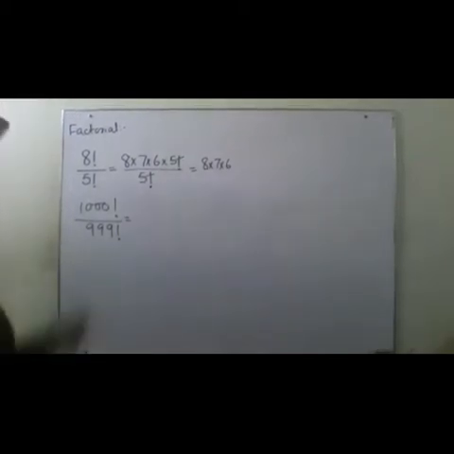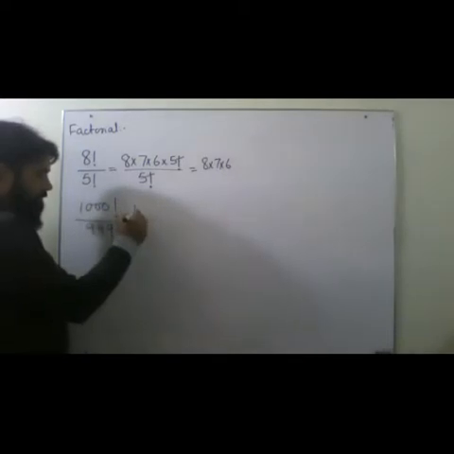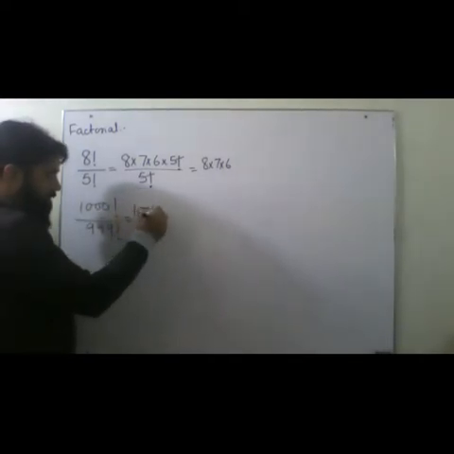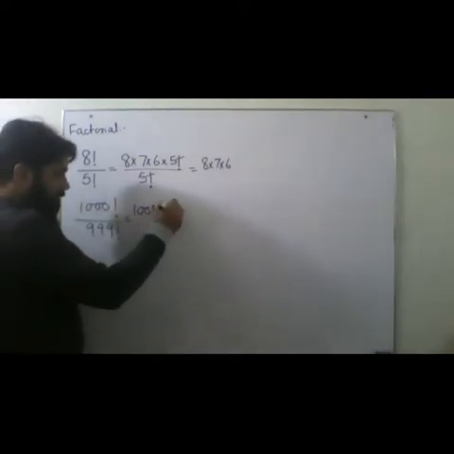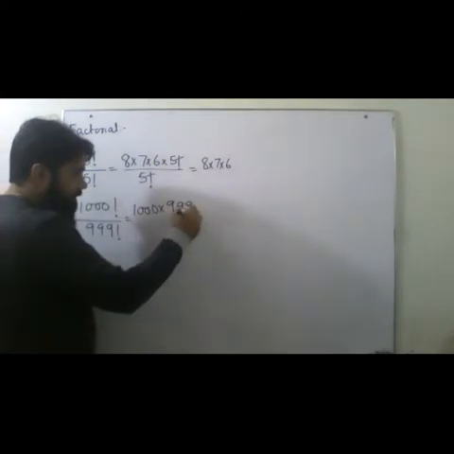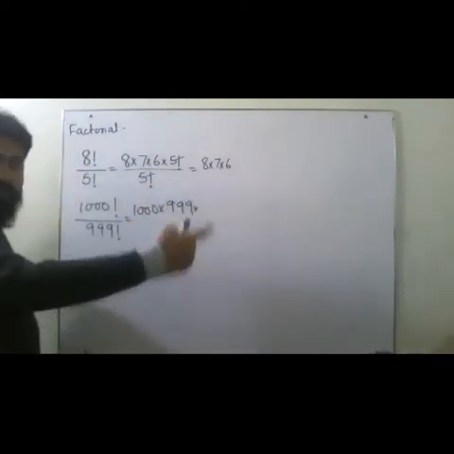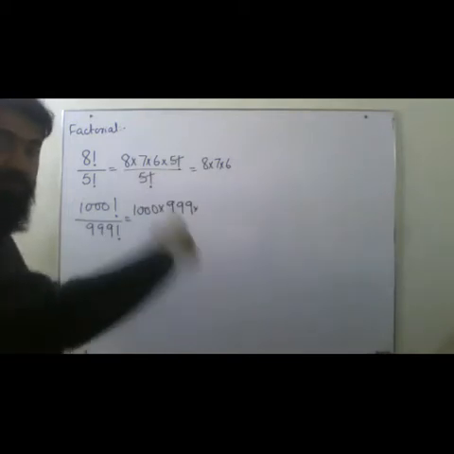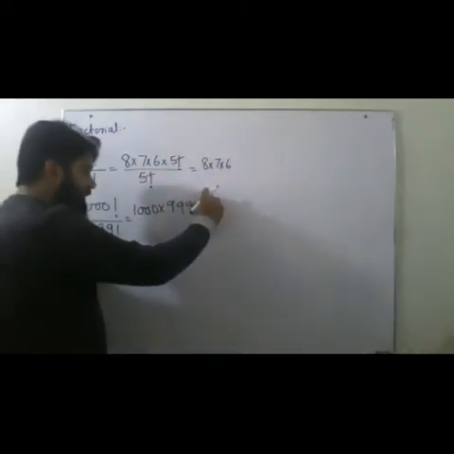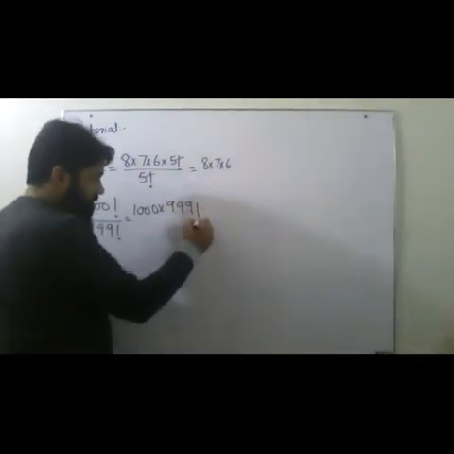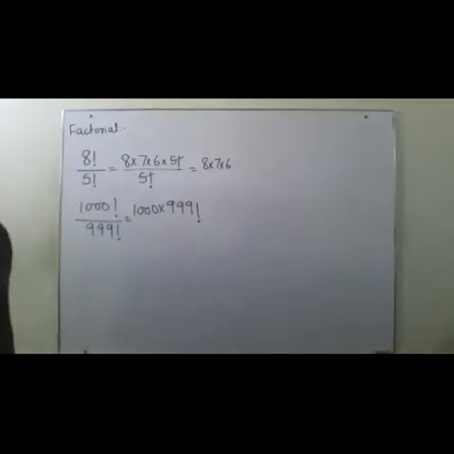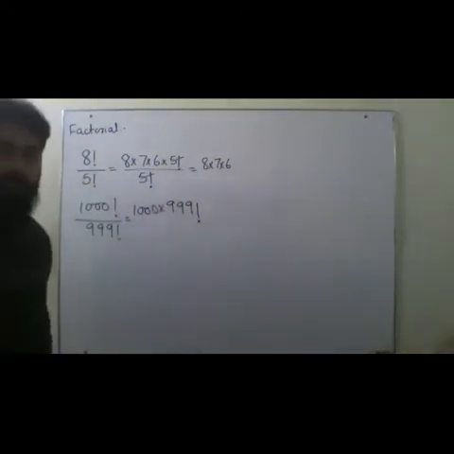So what can I do? 1000 factorial is 1000 into 999, then 998, 997, 996, 995, till 1. I'm not going till that end. Why am I stopping over here?